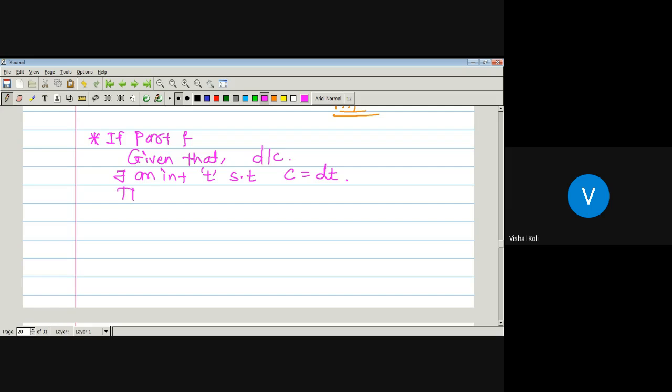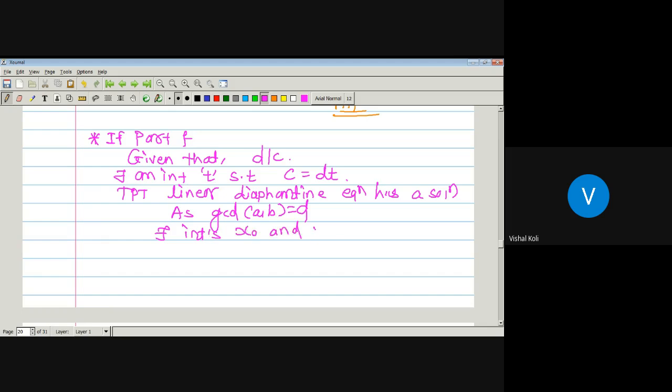Now to prove that the linear Diophantine equation has a solution: as the GCD of a and b is d, then we can express this GCD as a linear combination of a and b, which implies there exist some integers x0 and y0 such that a x0 plus b y0 is equal to d.